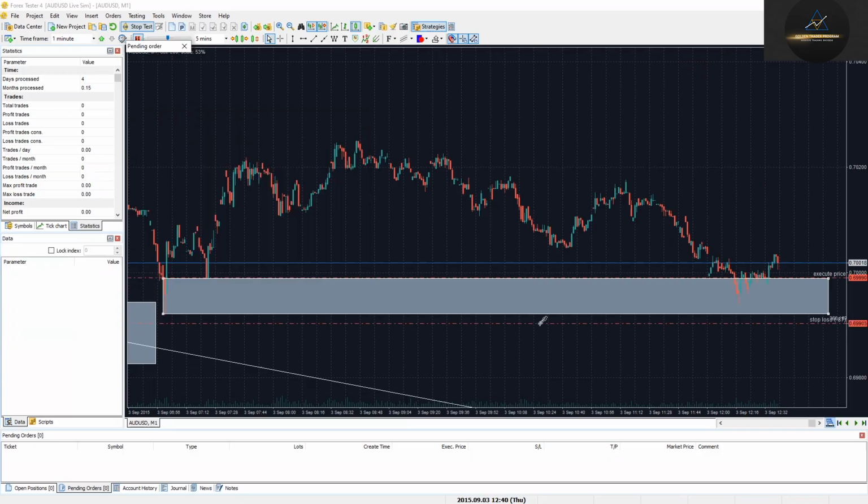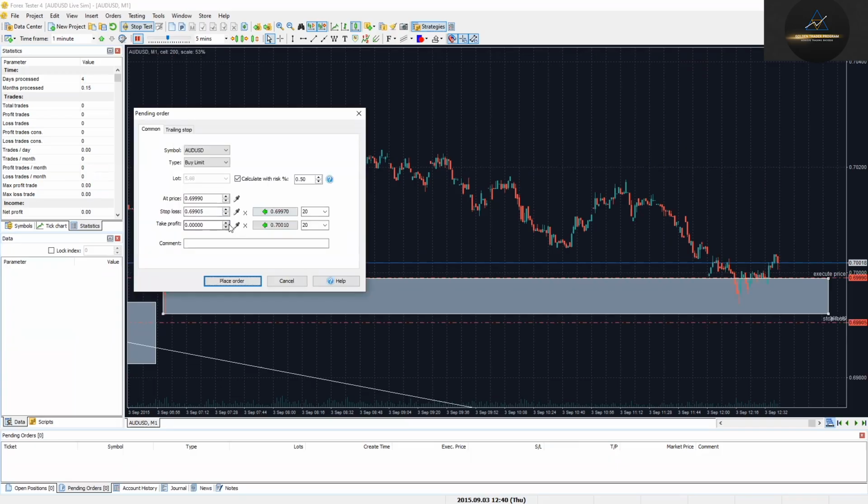Stop loss, we want to put it down here. If we're wrong, we're wrong. We just reassess. And the TP, I think it was 70, 60, wasn't it? Let's see. Place order.